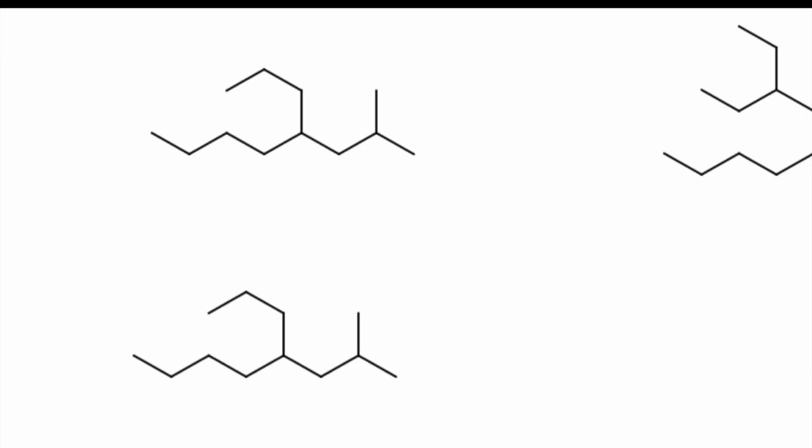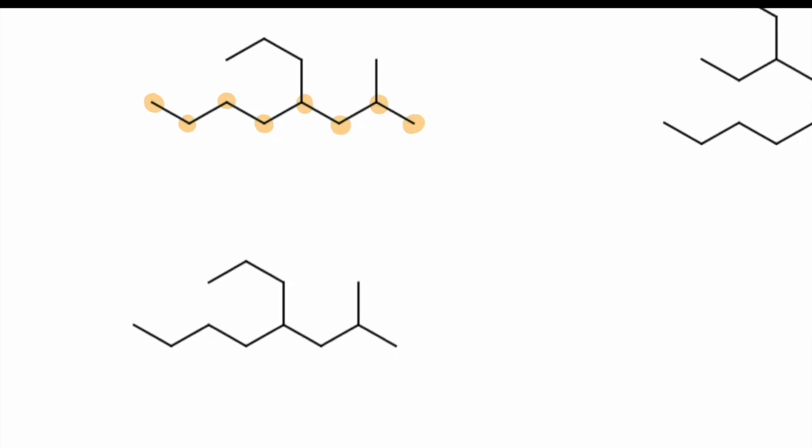All right, so we could have 1, 2, 3, 4, 5, 6, 7, 8. Or we could have 1, 2, 3, 4, 5, 6, 7, 8, and we're tied, right? We have the same number of carbons regardless of which numbering scheme we picked, but we would get a different name because we have these different substituents here. So which one of these 2 is correct?